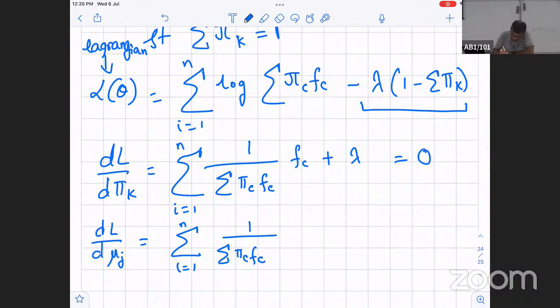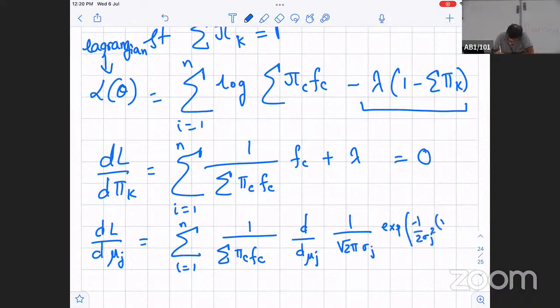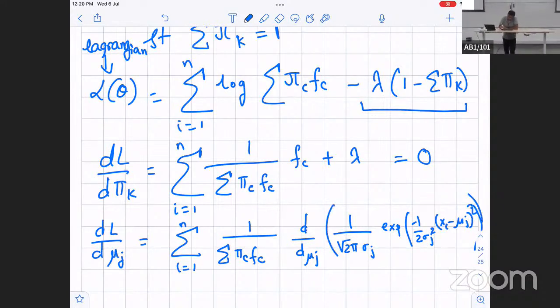I should do d by d mu j of 1 over square root of 2 pi sigma j, e power minus 1 over 2 sigma j squared times (xi minus mu j) squared. The part lambda times (1 minus summation pi k) does not depend on mu j, so that doesn't come into the picture.